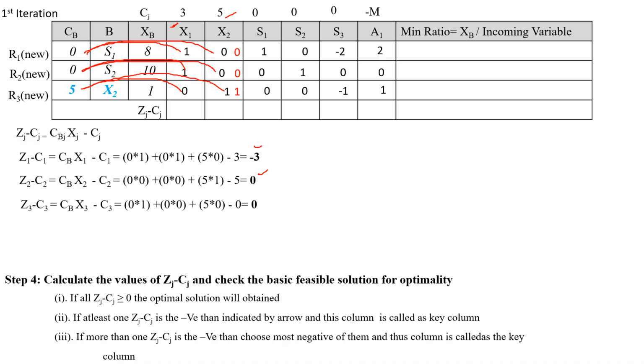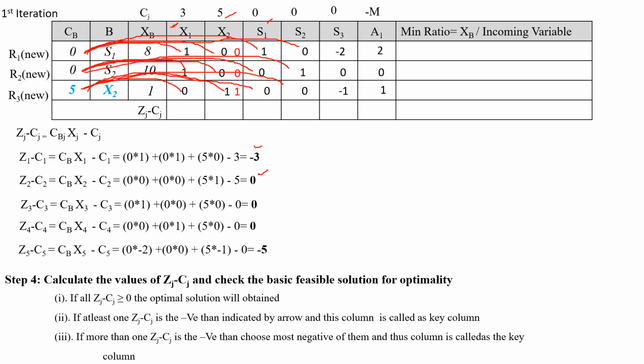Next, Z3 minus C3 for the S1 variable: 0 into 1 plus 0 into 0 plus 5 into 0 minus 0, which equals 0. Next, Z4 minus C4 for the S2 column: 0 into 0 plus 0 into 1 plus 5 into 0 minus 0, which equals 0.